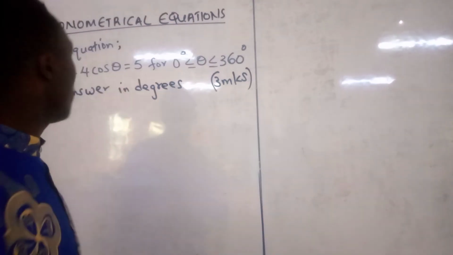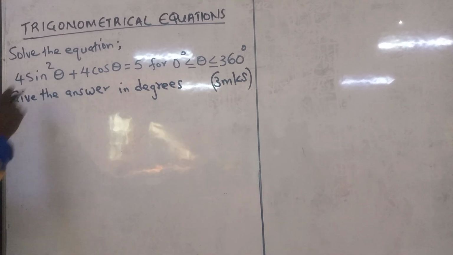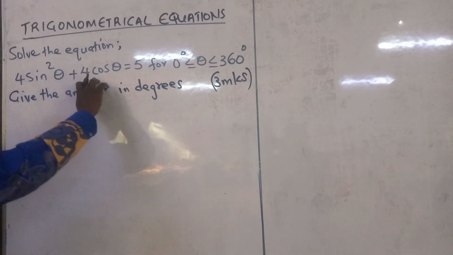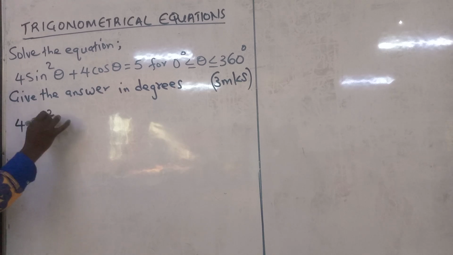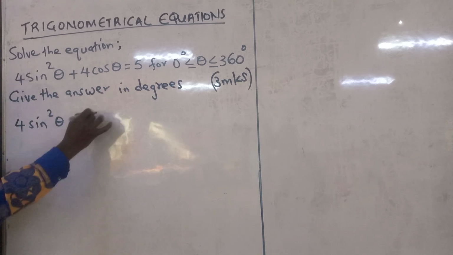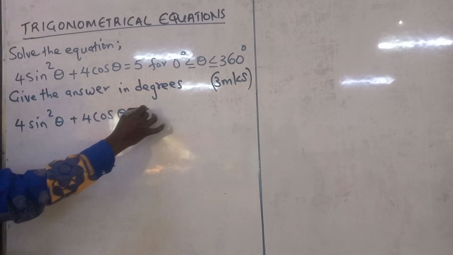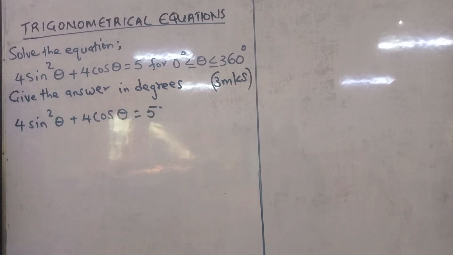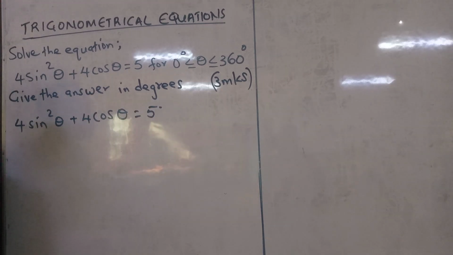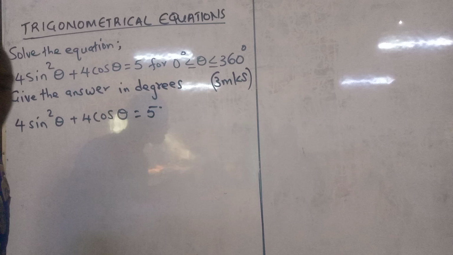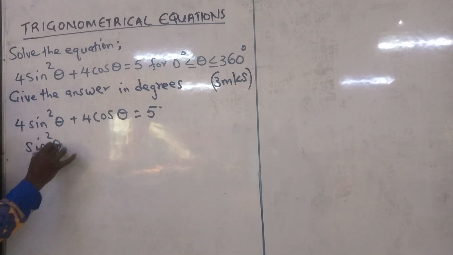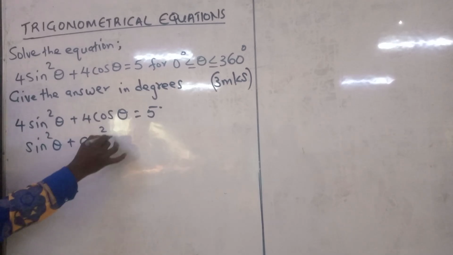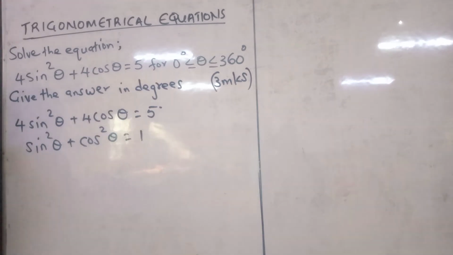So let's do this question. We have 4 sine squared theta plus 4 cos theta is equal to 5. So where do we begin? We can rewrite our question: 4 sine squared theta plus 4 cos theta is equal to 5. Remember, we proved a trigonometrical identity, which says sine squared theta plus cos squared theta is equal to 1.